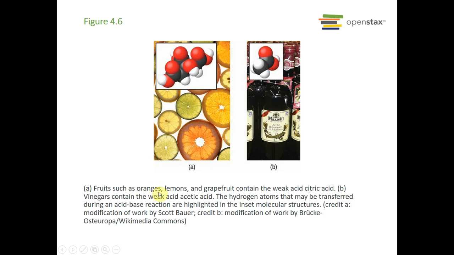Fruits such as oranges, lemon, and grapefruits contain the weak acid citric acid. Vinegars contain the weak acid acetic acid. Hydrogen atoms that may be transferred during an acid-base reaction are highlighted in the inset molecular structure.